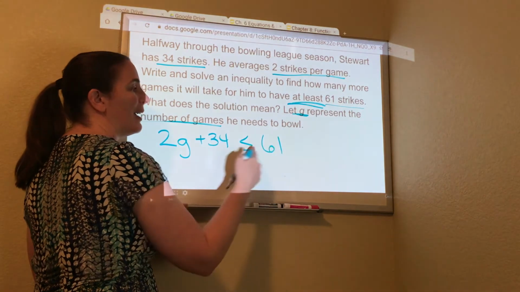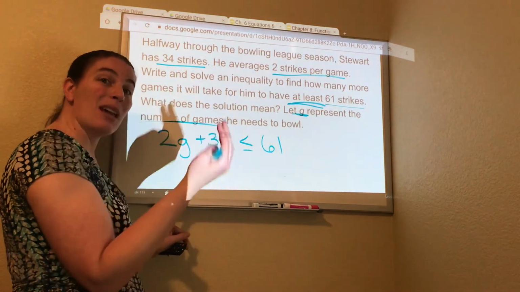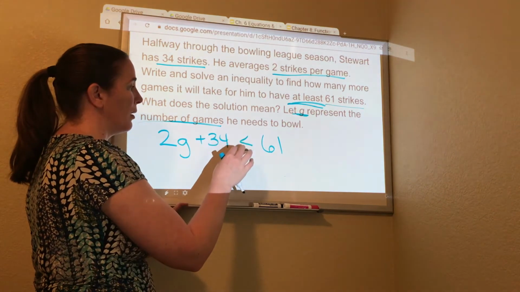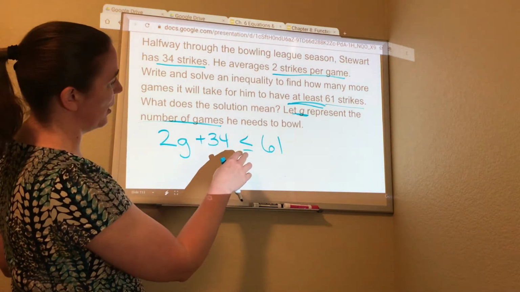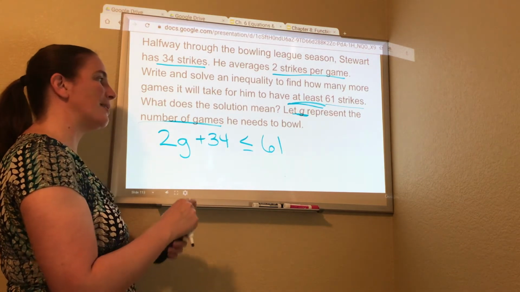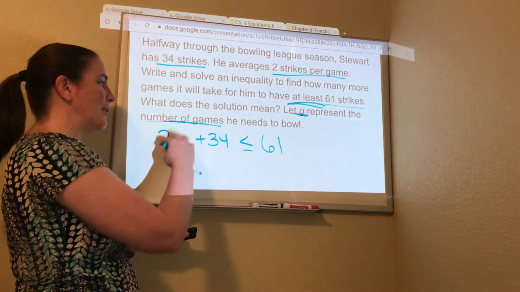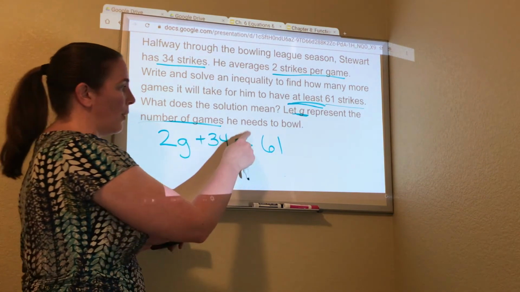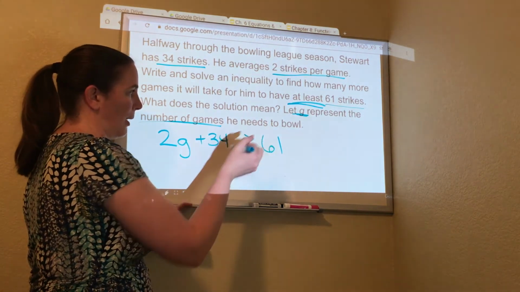It can be equal to it, right? Oops. At least 61 here. Yeah, so he wants this to be greater than or equal to 61. So I actually need to do it this way.